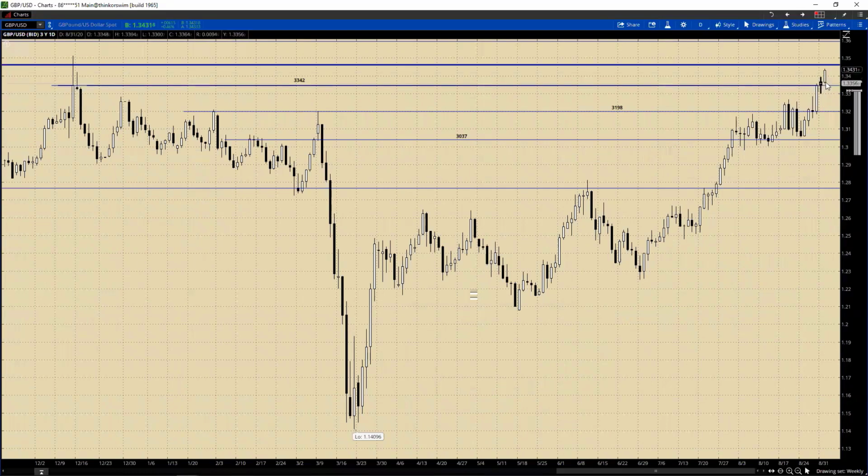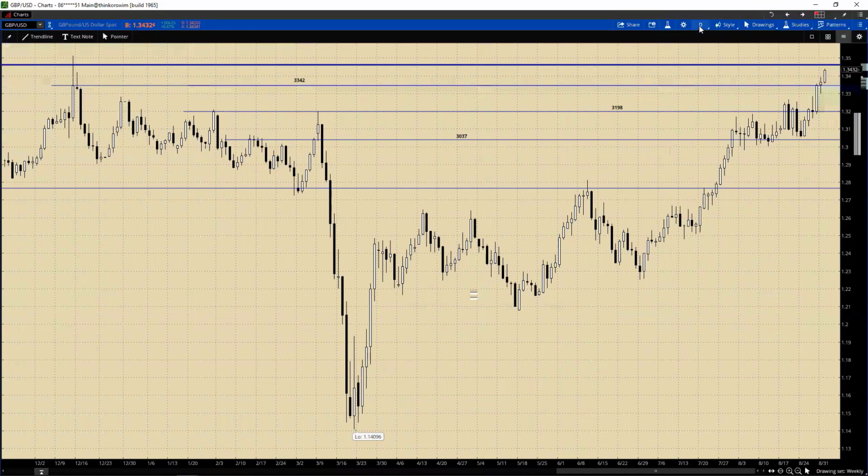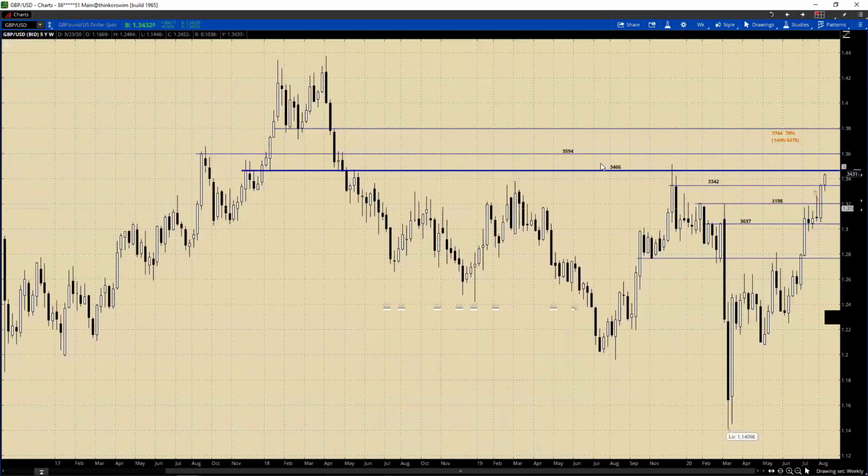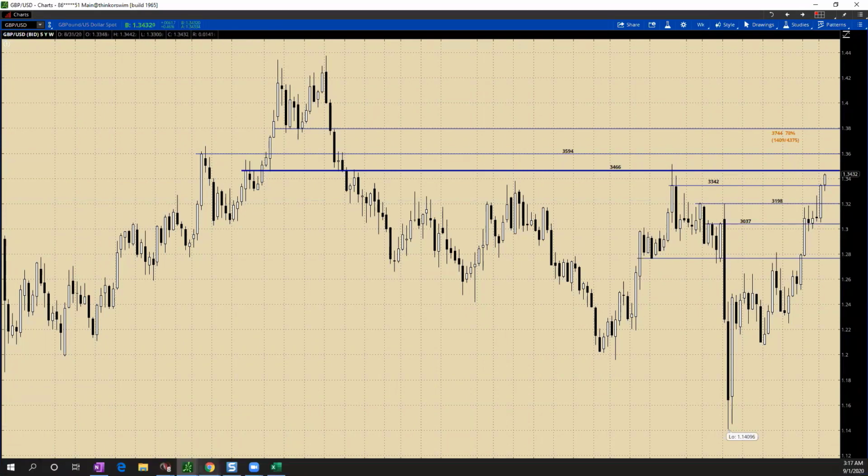And it had a little bit of a spinning top, but you can see here on the weekly chart, it's heading for 34.66 right now. So that'll be the bias chart resistance. Man, this is unbelievable.